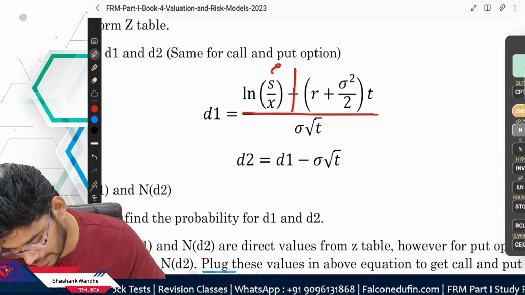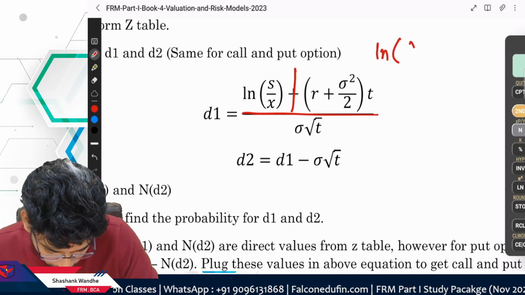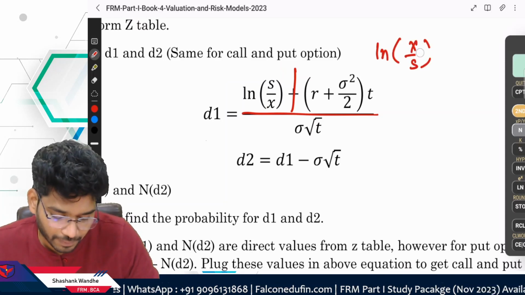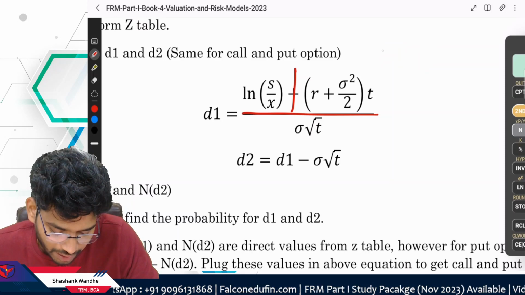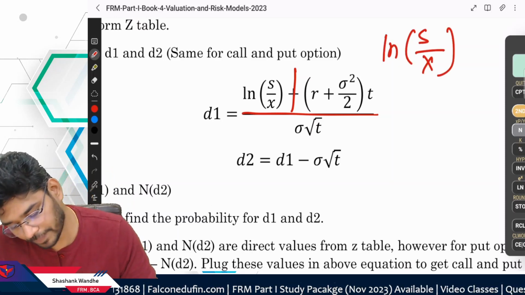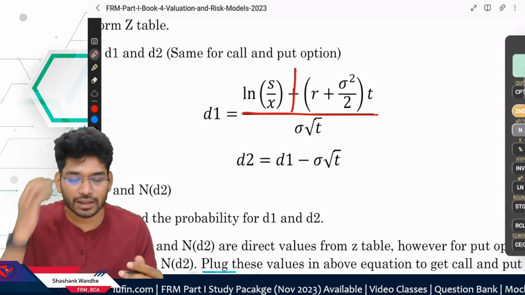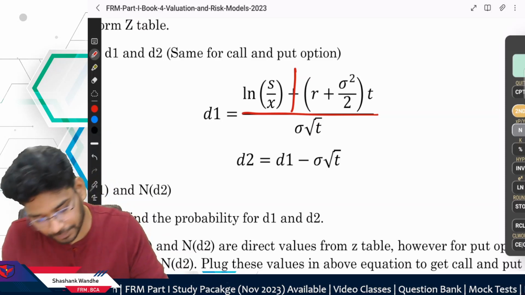This is the confusion area generally, where in some cases students get it wrong. So always remember, what is on the numerator? It is S divided by X. Okay, ln of S upon X. I am intentionally repeating this formula again and again so it gets fixed in your mind.